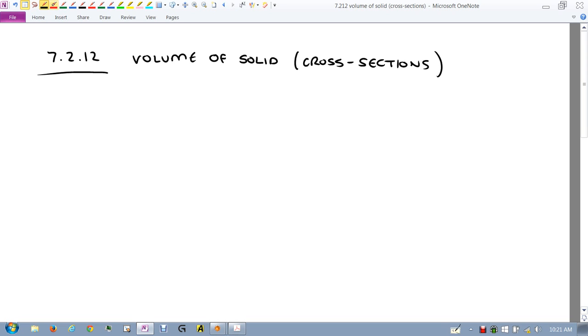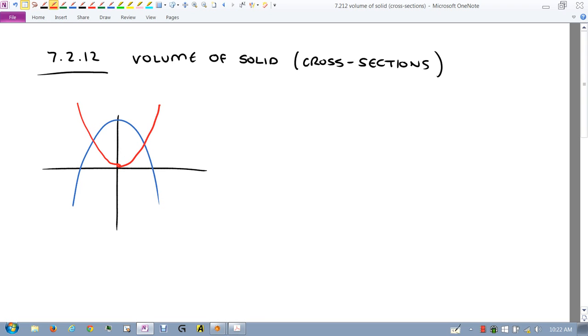Here's what we're going to do. We're going to take two graphs, and let's just go with the same ones that we just had. Like this. This time we won't restrict it to the first quadrant. Let's just take those two that we've been working with today.